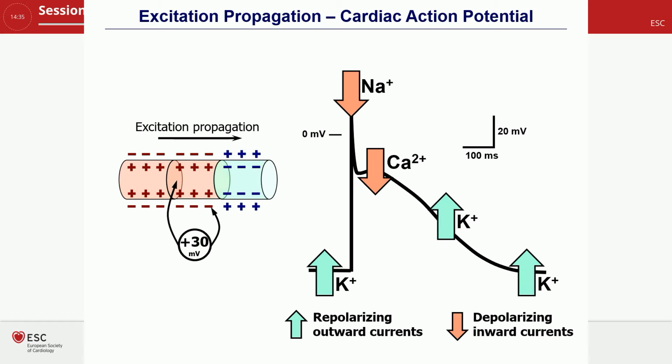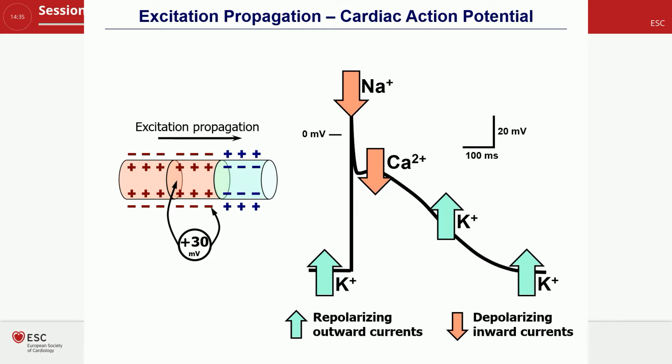If the excitation now propagates through the tissue, this cell is excited due to the activation of depolarizing inward currents. The major mediators of this are very fast sodium currents, which are responsible for the upstroke, and of course calcium influx into the cell via L-type calcium channels, which is responsible for the plateau. At the end, the membrane potential repolarizes again due to potassium channels.